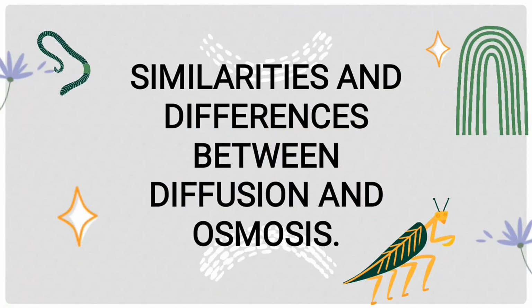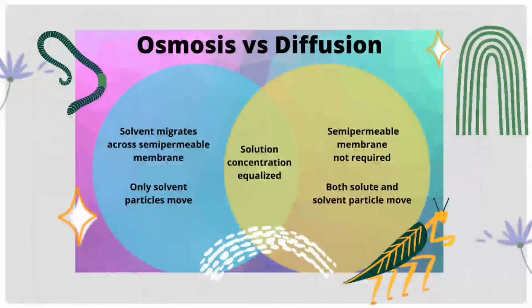Then we talk about the similarities and differences between osmosis and diffusion. What is the similarity? Both of them require that an equilibrium be reached. That is to say, the solution concentration is equalized and equilibrium must be achieved in both osmosis and diffusion.